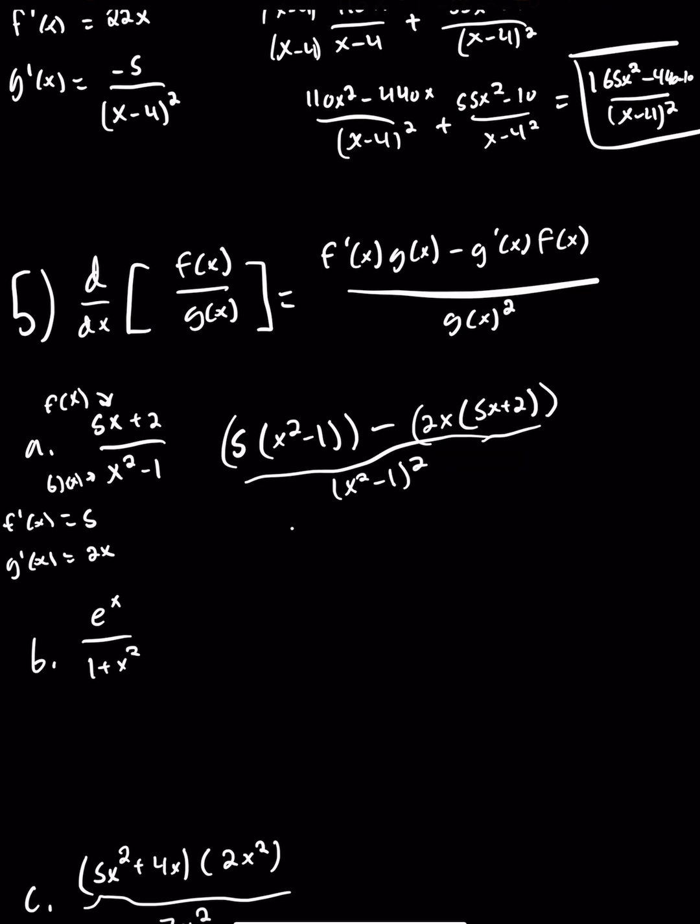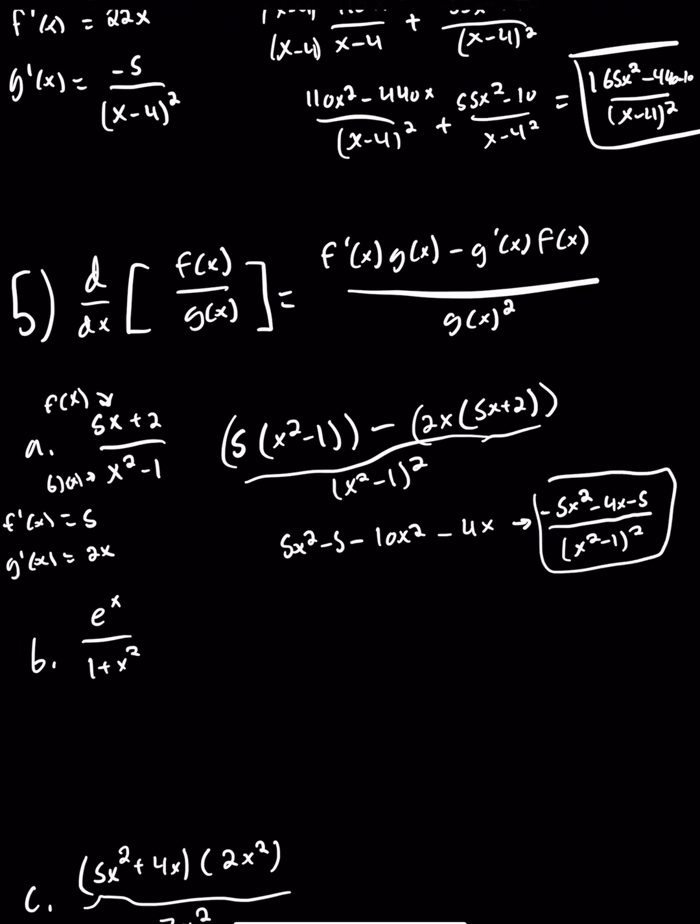This would be 5x squared minus 5 minus 10x squared minus 4x. Okay, so now we're left with negative 5x squared minus 4x minus 5 all over, and probably just leave it as x squared minus 1 squared. Okay, and that will be your final answer for the derivative.